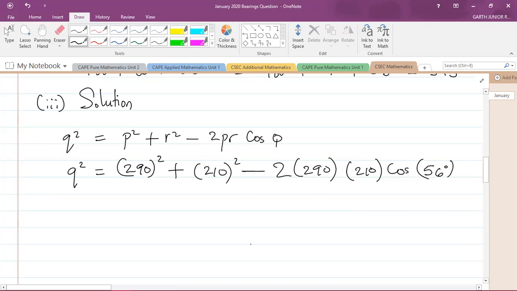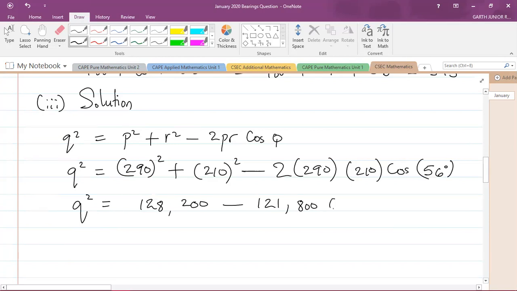All I have to do now is just simplify and solve for Q. So Q squared is equal to 290 squared plus 210 squared. I can just put that in my calculator, and if I do that, I will get 128,200. Minus 2 multiplied by 290 multiplied by 210. If you put that into your calculator, you will get 121,800.